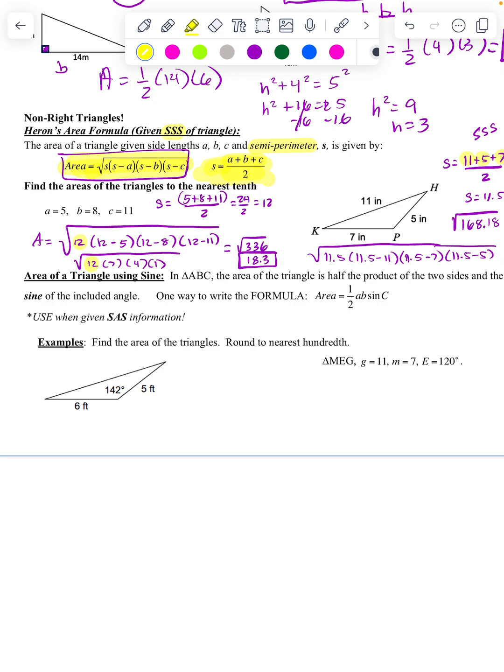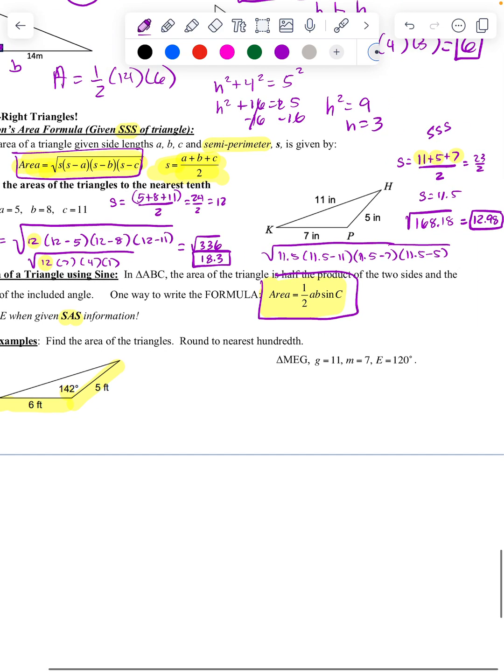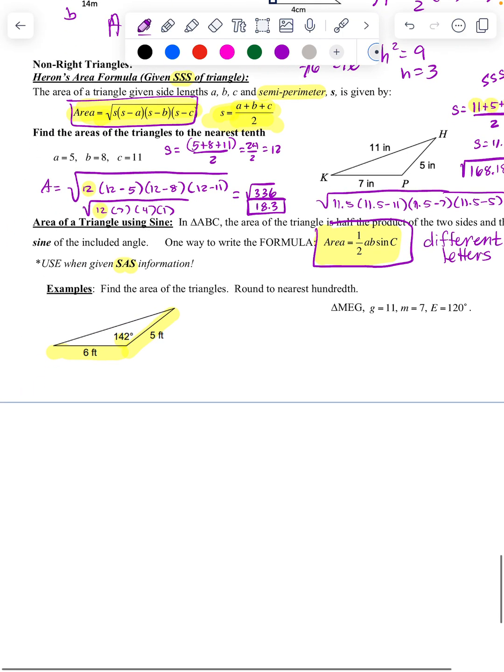Here, if we have two sides and the angle that they create, like here's a side, and this angle is the one that those two sides create, then we can use this third and last formula. Again, don't obsess about A's and B's and C's, but know that they all have to be different letters. You can't have both an angle C and a side C in there, so watch that you have three different letters in your formula.